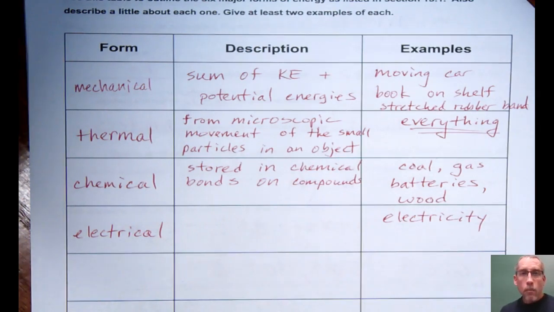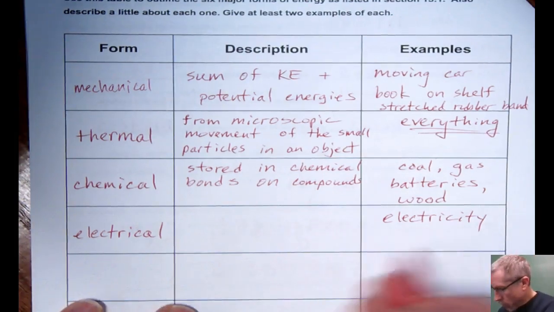So we actually have some energy maybe stored in a battery somewhere, and we'd like to get something moving. And so we can use electricity to take that energy that was stored as chemical energy in a battery and to move it somewhere else so that we can perhaps make a light bulb glow or make our computer run or our TV run. And so that's what we call electricity.